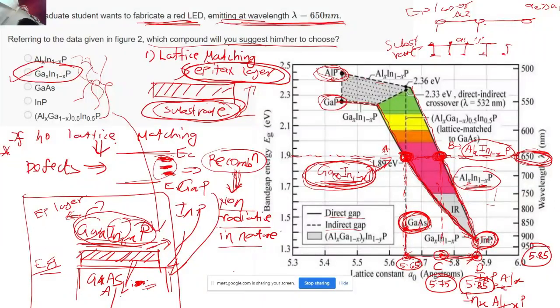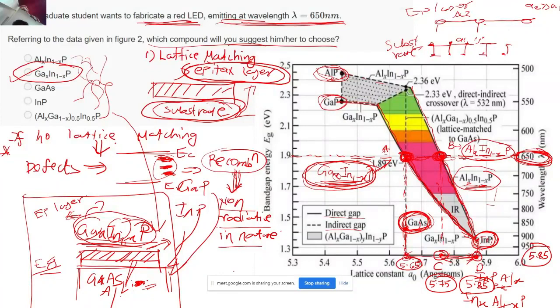The lattice constant of gallium indium phosphide and the lattice constant of the gallium arsenide are exactly matching with respect to each other. So one condition is already satisfied. Now coming to the second condition, it is also satisfying the wavelength condition. It is giving me 650 nanometer wavelength light, which I want to fabricate the red LED, right? Sorry, not I want, the LED should emit this wavelength of light, right? So it is satisfying both the conditions.